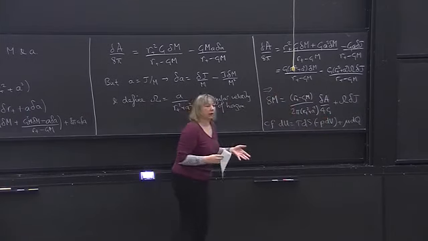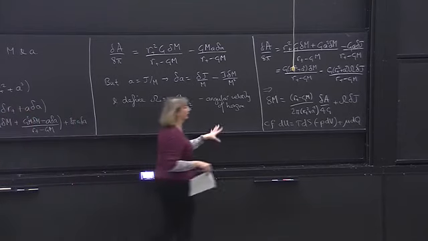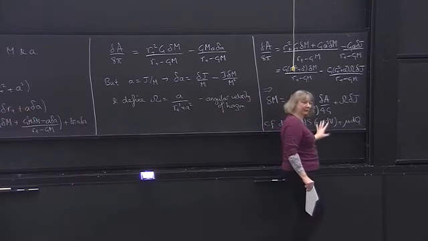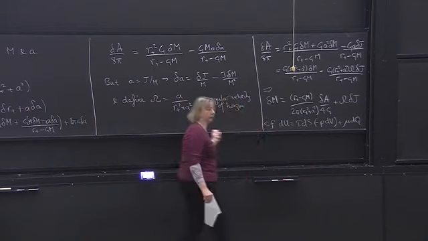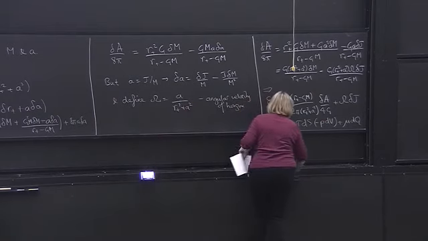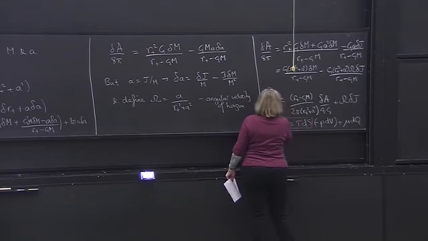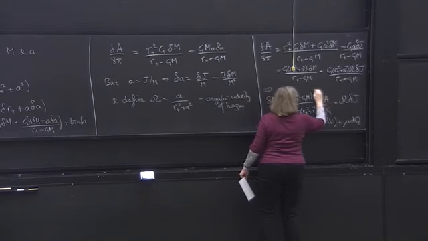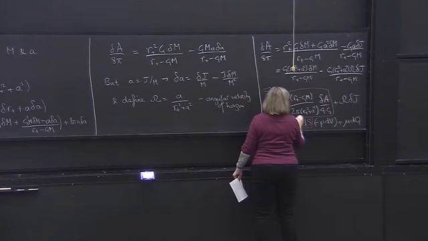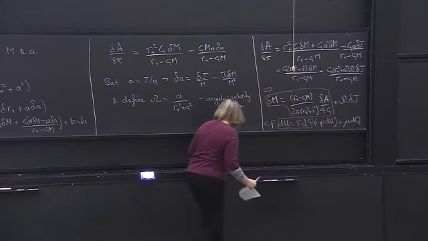I've bracketed the minus PdV because I haven't considered this term, but you can add it in by thinking about a cosmological constant. And so really, this bit is the bit to focus in on.